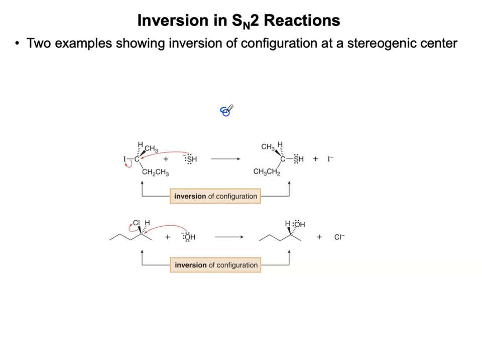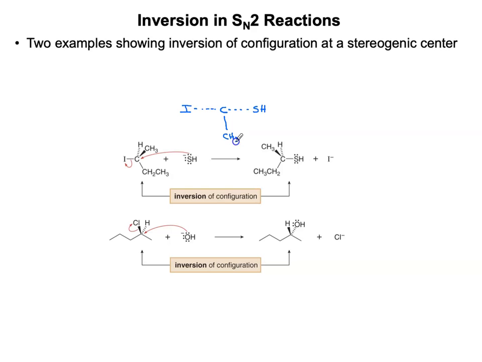carbon at this position. And then if you look at what's happening, it is starting to make a bond to the thiol group, and the iodine is in the process of leaving. Well, what that means is that this has to go through an sp2-like intermediate, and so we have our ethyl group here.